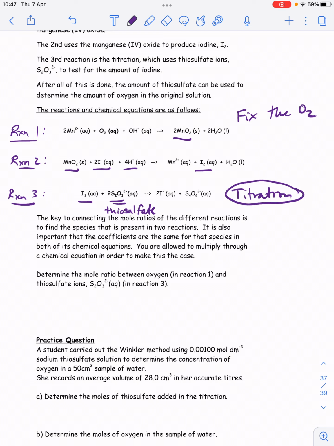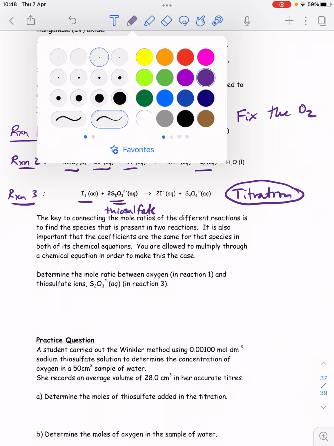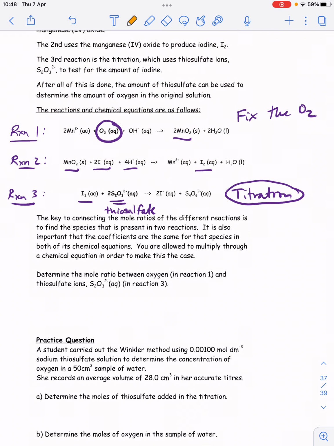So we want to know about this oxygen way back in step 1, but we're not actually reacting with it directly. Through the power of mole ratios, we can figure out the overall mole ratio between the thiosulfate and the oxygen. The way I do that is I follow the molecules that are the same in both reactions.